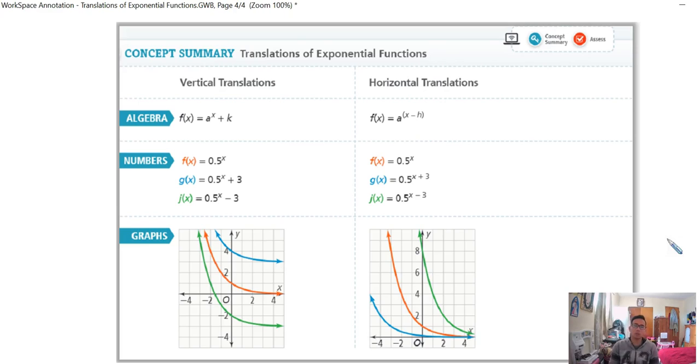In horizontal translation, if your h is greater than 0, it is translated to the right. If h is less than 0, it is translated to the left. For vertical translation, if your k is positive, it goes up, and if k is negative, it goes down.